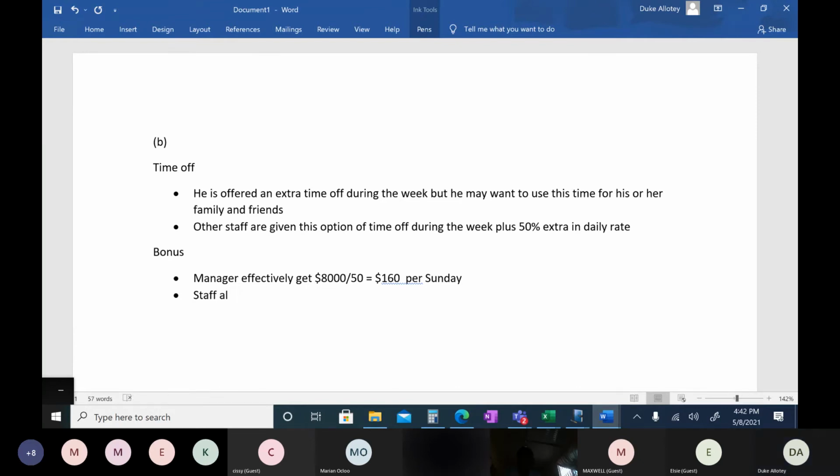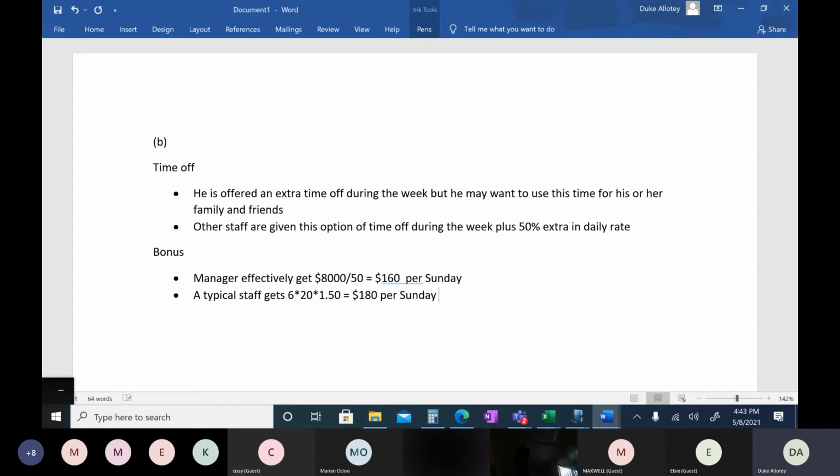A typical staff gets, as I explained, 6 hours multiplied by 20, multiplied by 1.5, equal to 180 per Sunday. Okay, this is the analysis the examiner wants you to look at.